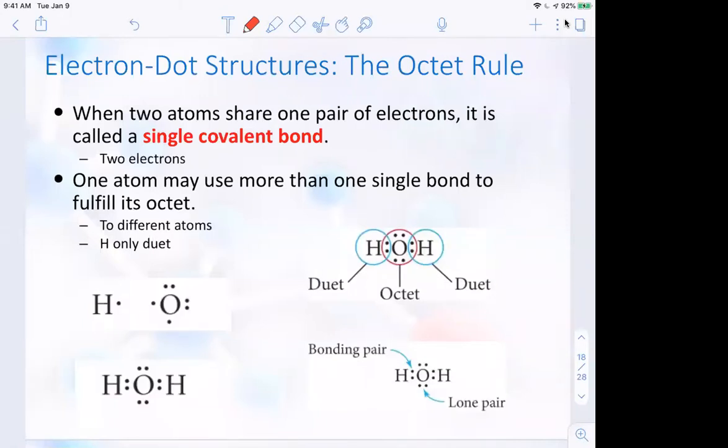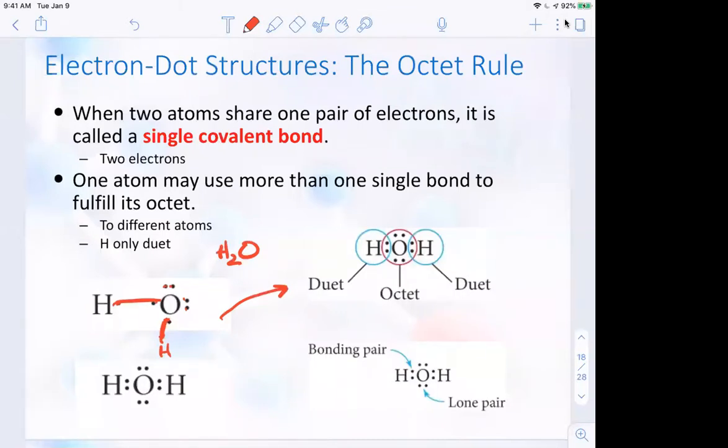Here, I'm looking at how I form water, right? If I look at the formula, I have 2 hydrogens and 1 oxygen, right? So I'm going to put my hydrogen down here, and my oxygen has 6 electrons, so I have 6 dots. And then my other hydrogen has 1. I'm basically just going to connect the dots.